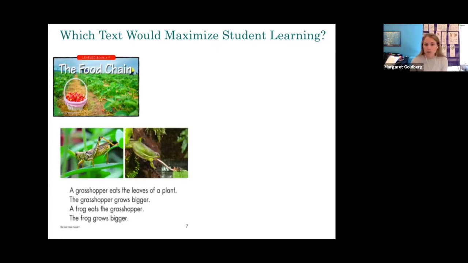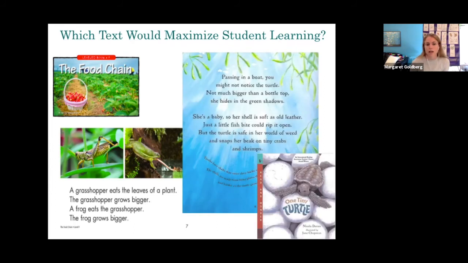Option number one is called The Food Chain. The text reads, "A grasshopper eats the leaves on a plant. The grasshopper grows bigger. A frog eats the grasshopper. The frog grows bigger."